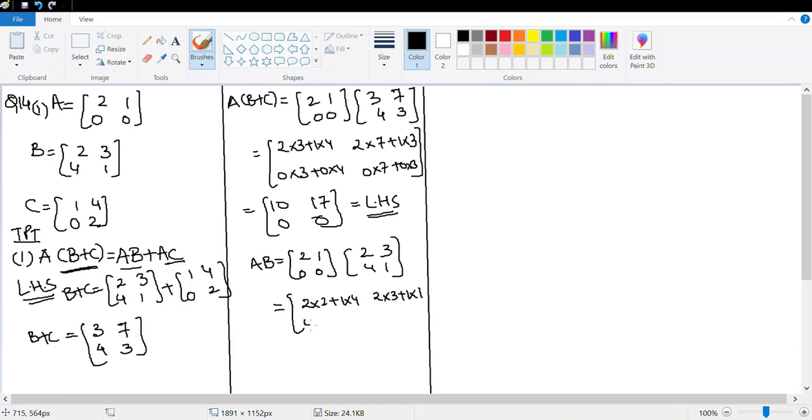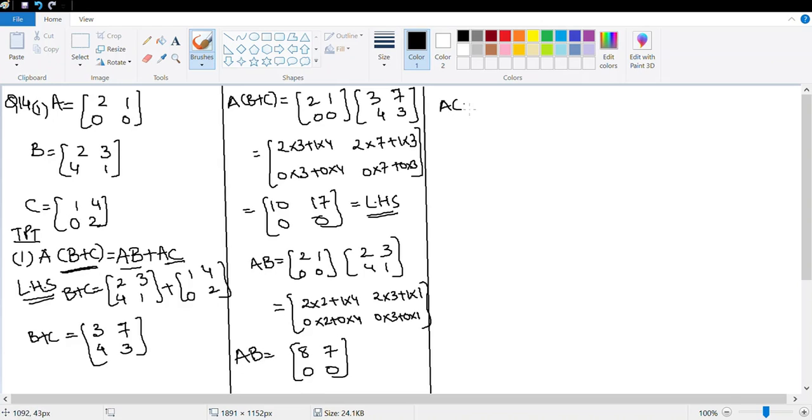Here it will be 0 into 2 plus 0 into 4. Here it will be 0 into 3 plus 0 into 1. This becomes 4 plus 4, which is 8. Here this is 6 plus 1, which is 7. This is 0 and this is 0. So this is AB.